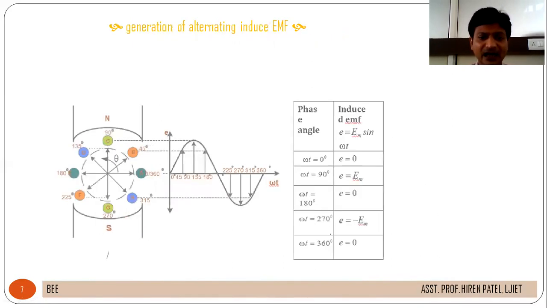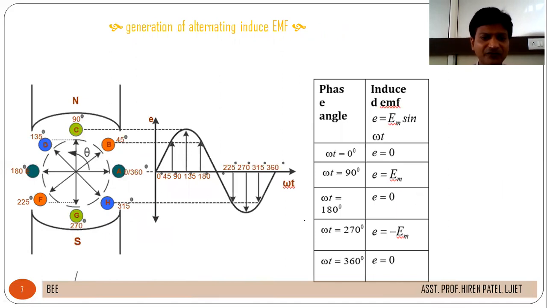Now we'll see how the actual value of EMF changes with respect to the position of the coil. Here there are various values of the angle of rotation of the coil, and according to that theta we have different values of EMF.